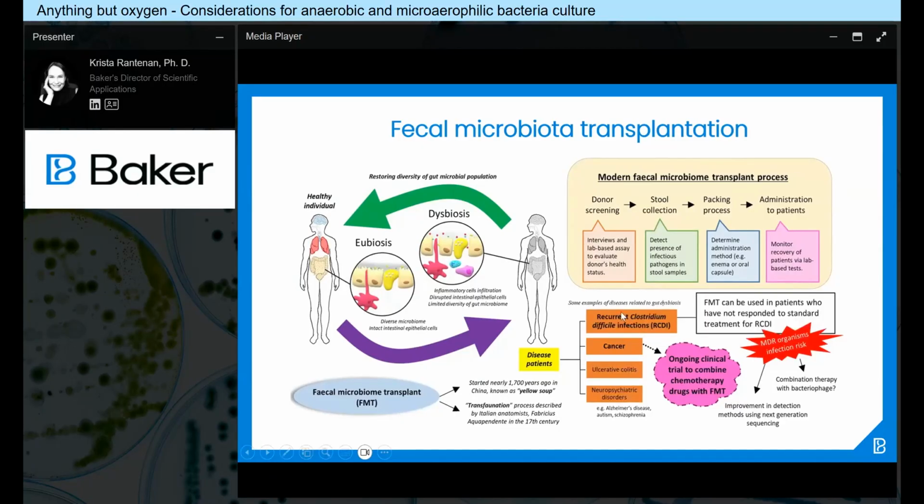Okay, so if we want to fix this, the science has come up with fecal microbiota transplantation, FMT. It aims to fix the situation and has been shown to function quite effectively. And how it goes is that you have donor screening, you have stool collection, packing, and administration.